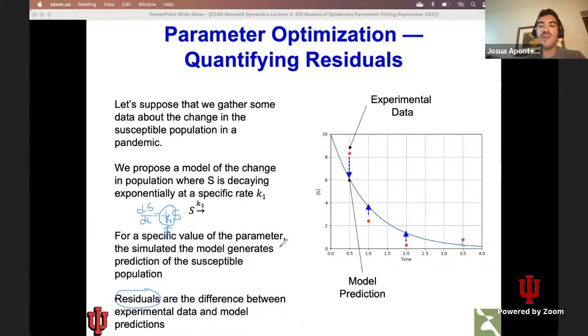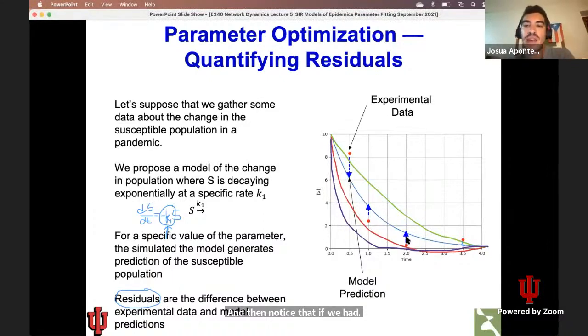And notice that different values of K1 will have different model predictions.